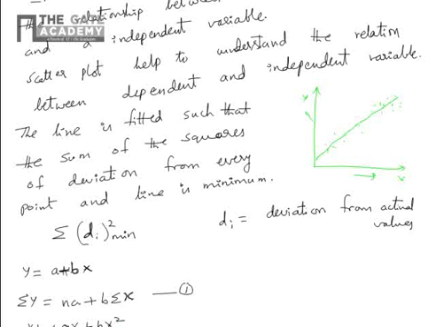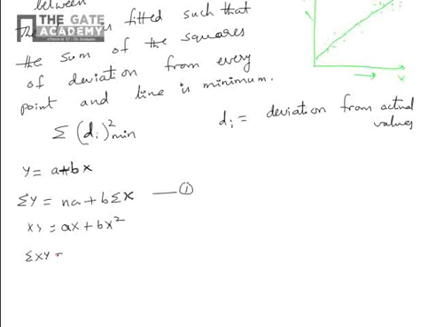Then again apply the normal equation: sigma xy equal to a sigma x plus b sigma x square. From these two equations we get the values of a and b, and substitute the values of a and b in the equation. So finally we will get the predicted equation yc equal to a plus bx.